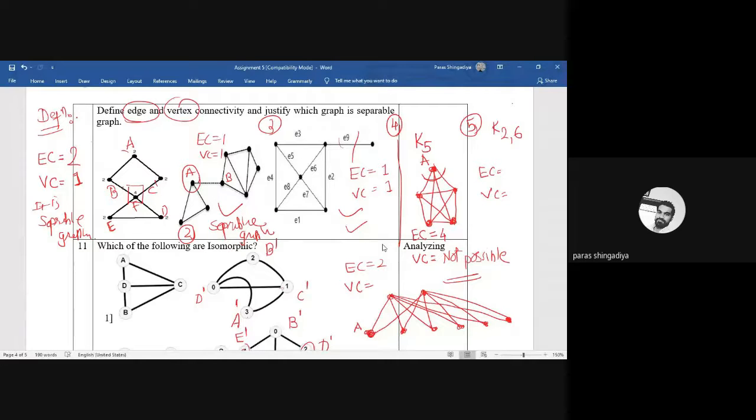Why is it not possible? It is not a complete graph. For a complete graph, it is not possible. It is a complete bipartite graph.